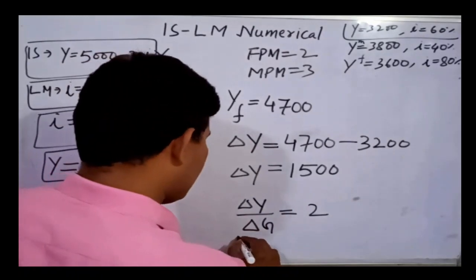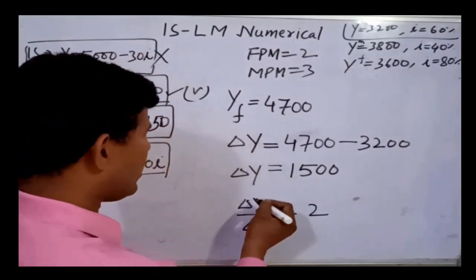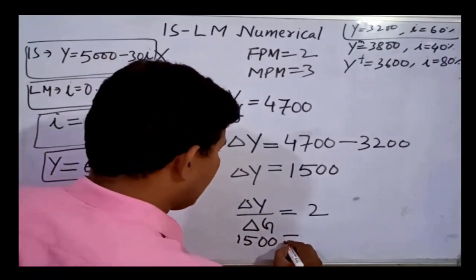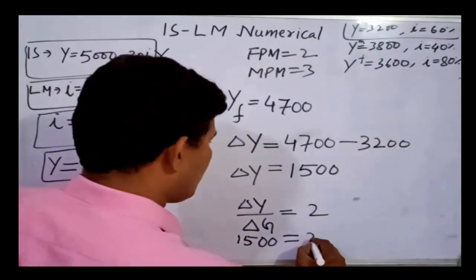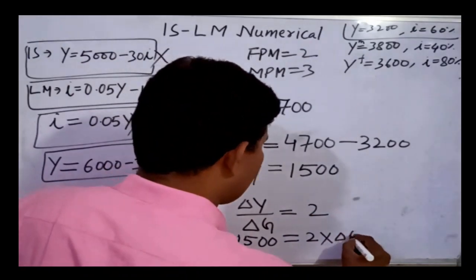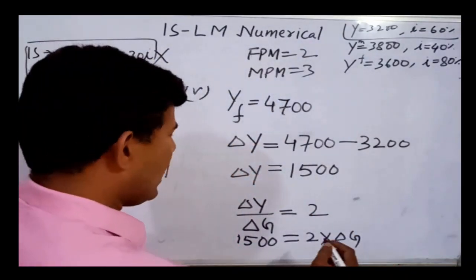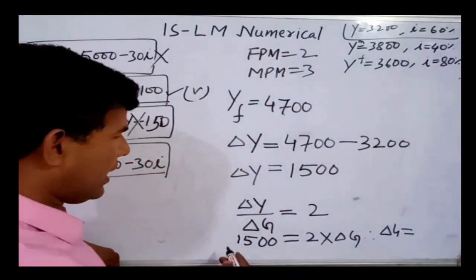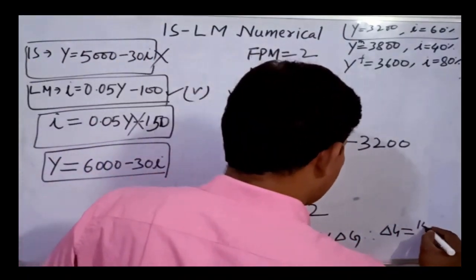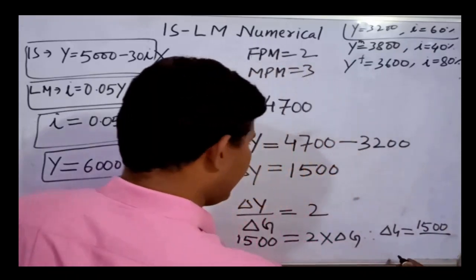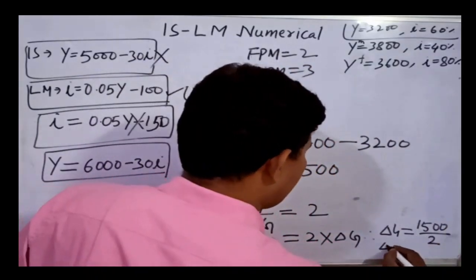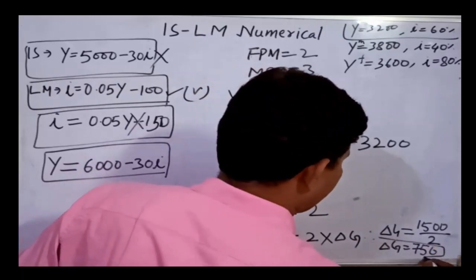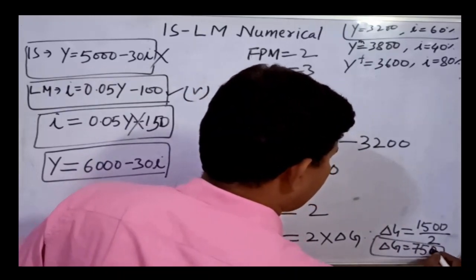If I substitute the value of delta y, I get 1500 is equal to 2 into delta g. Therefore delta g is equal to 1500 divided by 2, that is 750.